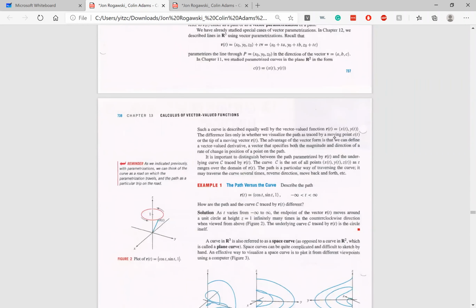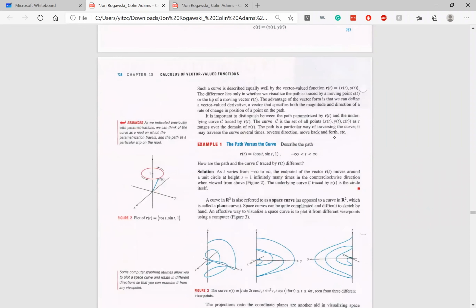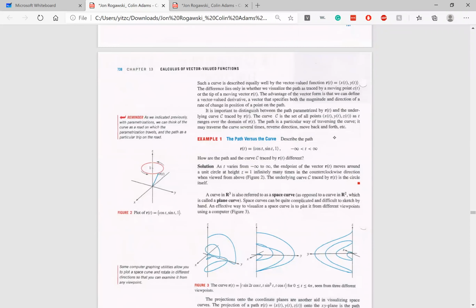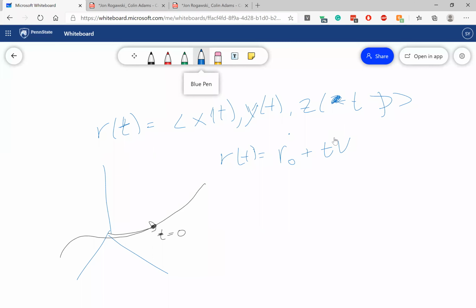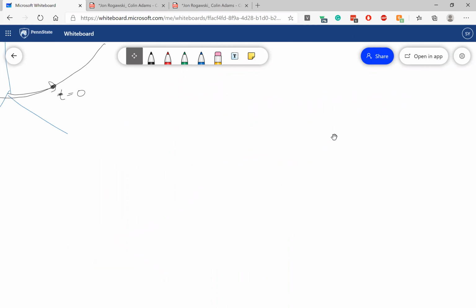So now they are giving us an example. They want to find the path versus the curve. So they wanted to describe this as a path versus describing it as a curve. The z coordinate over here is always 1. So that's cosine, sine, and 1.